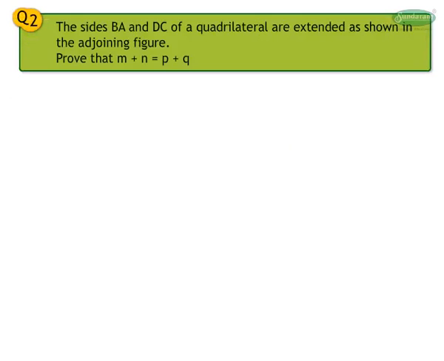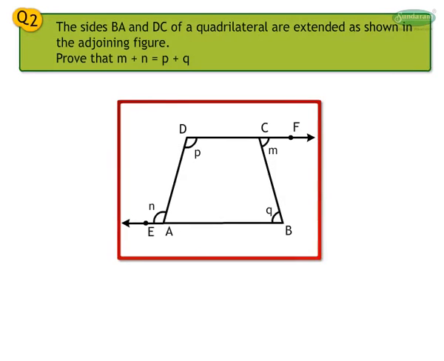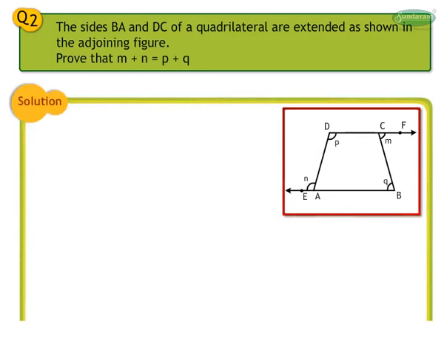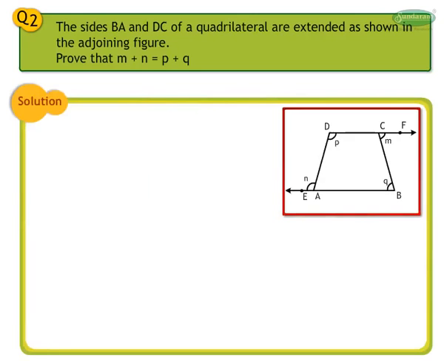Question 2. The sides BA and DC of a quadrilateral are extended as shown in the adjoining figure. Prove that M plus N is equal to P plus Q. Solution. See the figure alongside. It is given that ABCD is a quadrilateral.